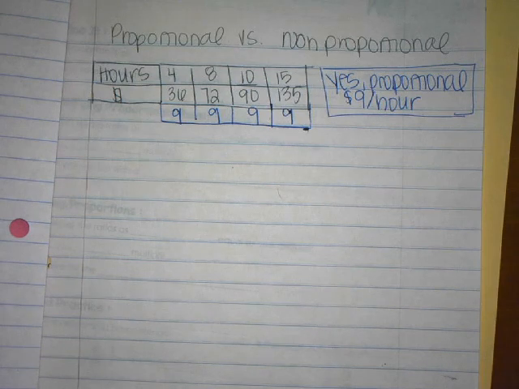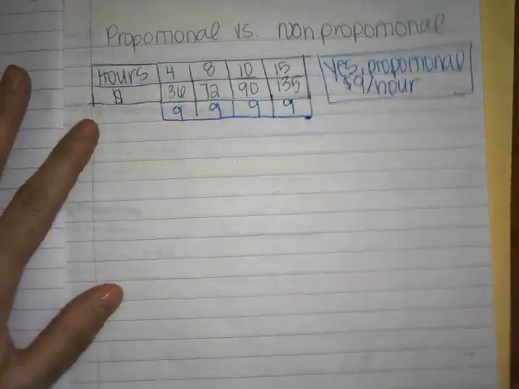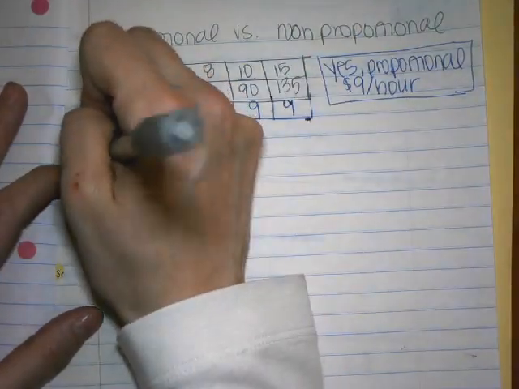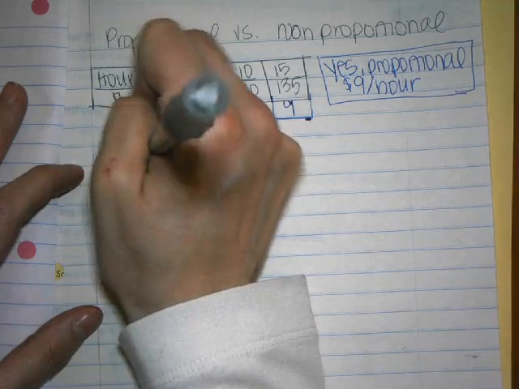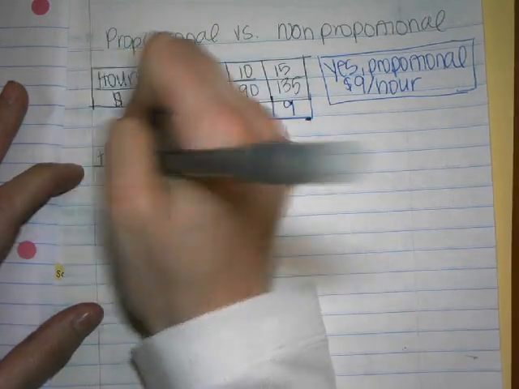Okay, I'm going to give you 2 more problems just like that. You and your partner can solve them together. Got it? Okay. So they're going to look exactly the same. We're going to have tickets over dollars.